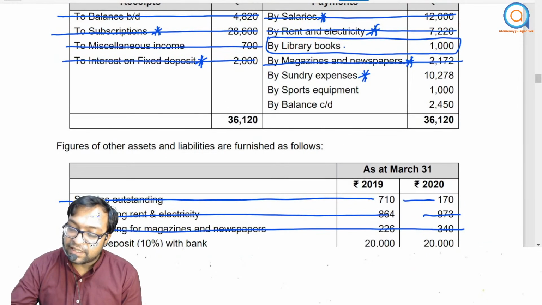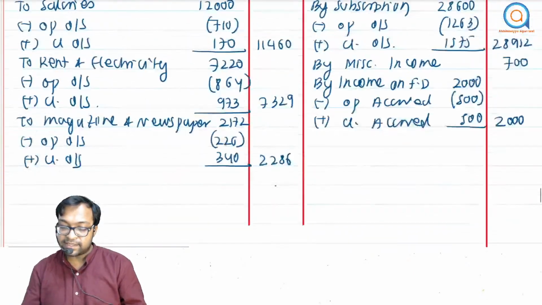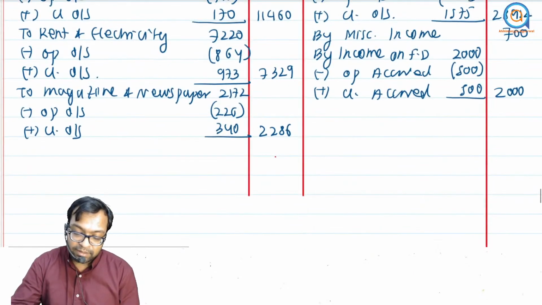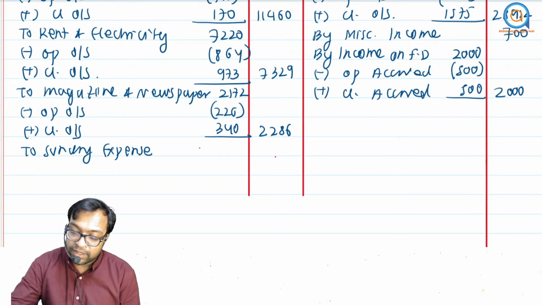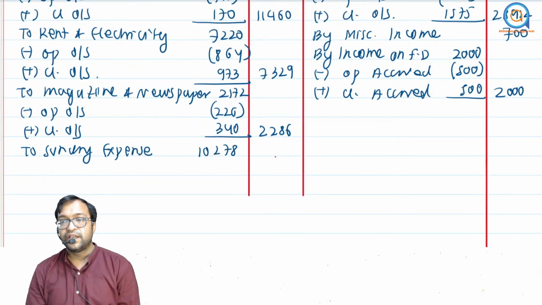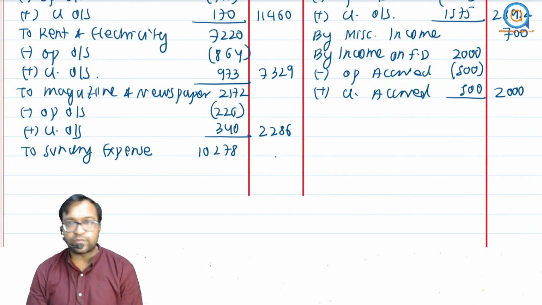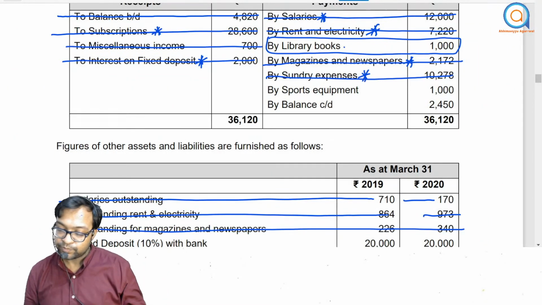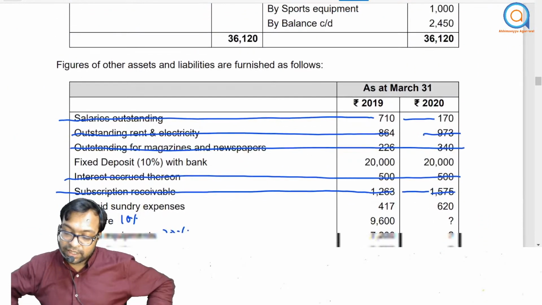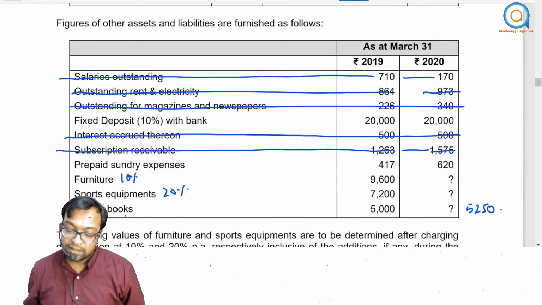Next I see sundry expenses 10,278. Sundry expenses. Come and write here in income and expenditure. To sundry expense. Inner column at 10,278 because there are certain adjustments, sir. Now let me go and check out my adjustments, sir. लो जी, कहाँ के adjustment? हाँ.